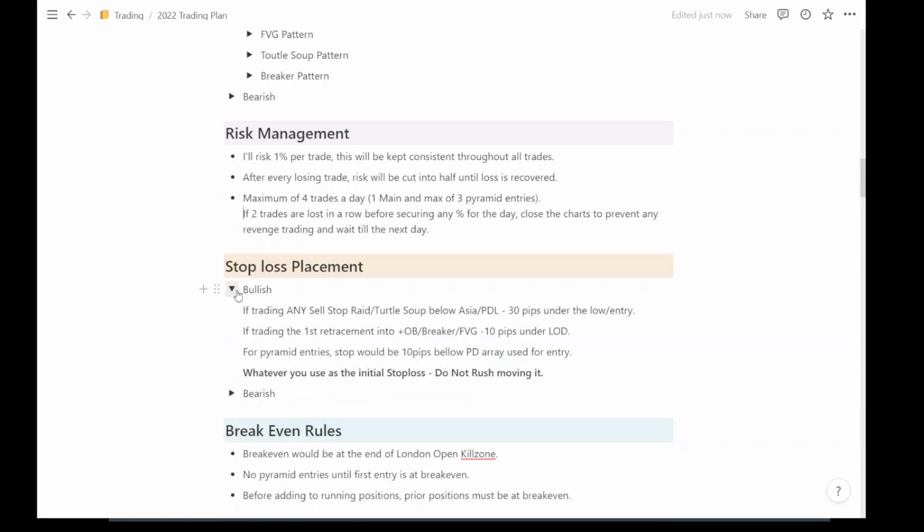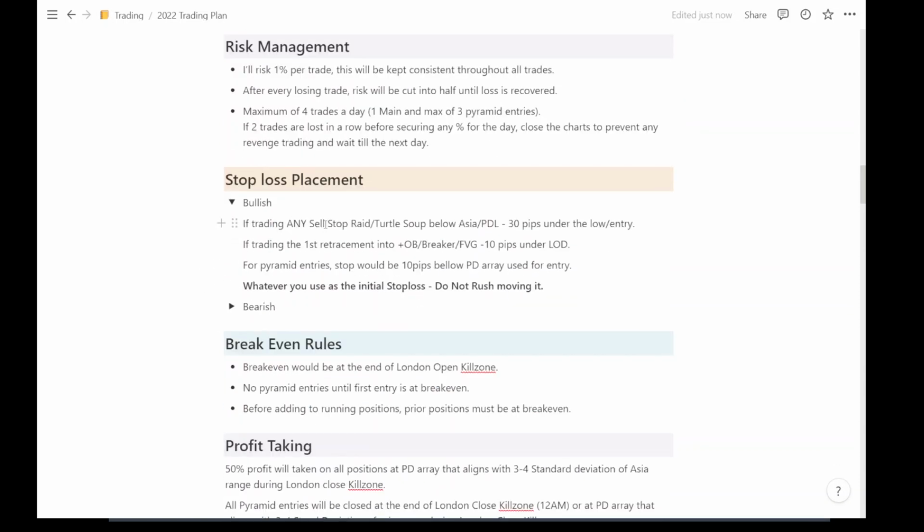My stop loss placement, if I'm trading a sell stop run, okay, maybe turtle soup, I'm going to use 30 pips above or below the low in the case if I'm bullish or bearish. Okay, if I'm trading the first retracement into an OB or a breaker, maybe in the case of a pyramid entry, or I'm waiting for confirmation, I'm going to use 10 pips above or below the low of the day.